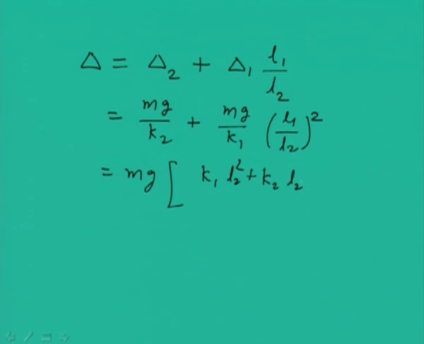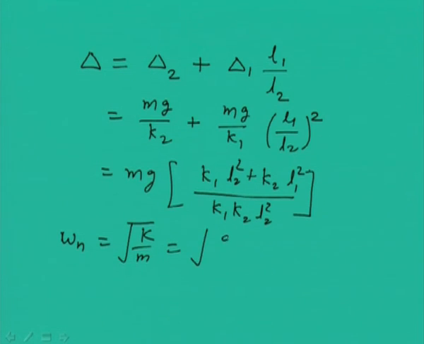Here we are interested in the static deflection directly, because that is another way of obtaining the natural frequency of the system, because we know the natural frequency of the system is given by root of k by m or root of g by delta. So this particular delta we have already obtained. Now if we substitute this delta here, we can get the natural frequency of the system directly.